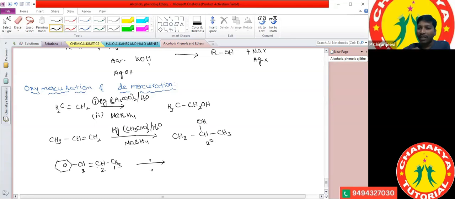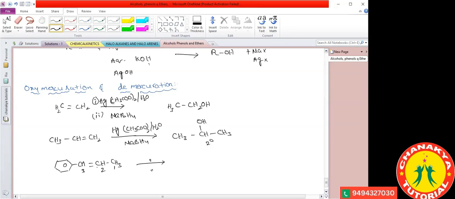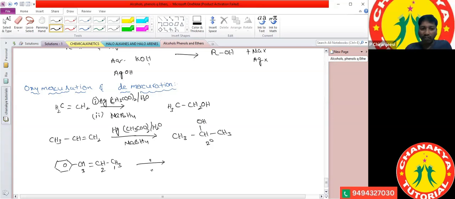Because the benzyl carbon is more reactive. After the benzene, the carbon next to it we call the benzyl carbon. So the OH group is attached to the benzyl carbon atom: CH(OH)-CH2-CH3.